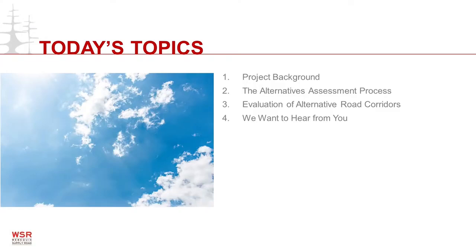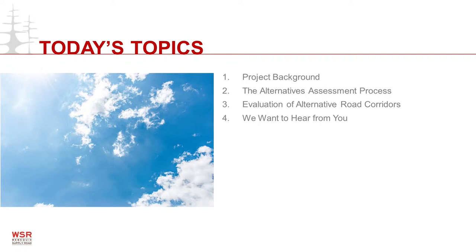Then we'll talk about the alternatives assessment process, the evaluation of alternative road corridors, which is the key focus of today's presentation, actually the proposed criteria and indicators for evaluation of road corridor alternatives. And then we'll talk about how you can get in touch with the project team.